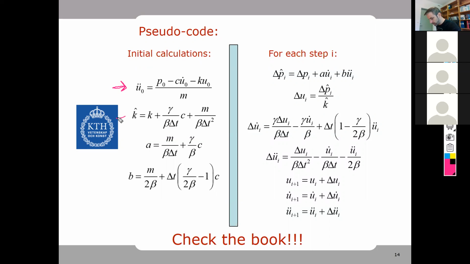And we calculate, again, these values k hat, a and b. They are not the same, of course, that we calculated for the previous method, because this is a completely different method. As you can see, all these values depend on what you chose for delta t, beta, and gamma. They are all present here.